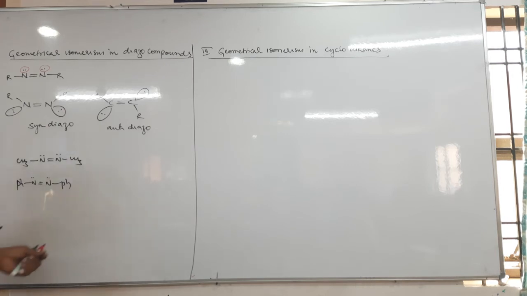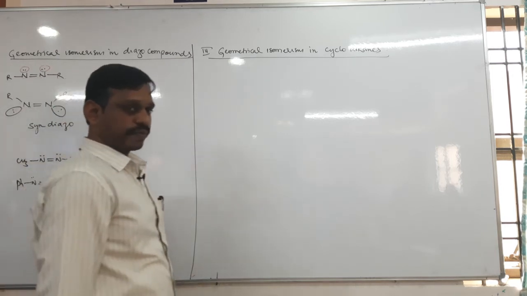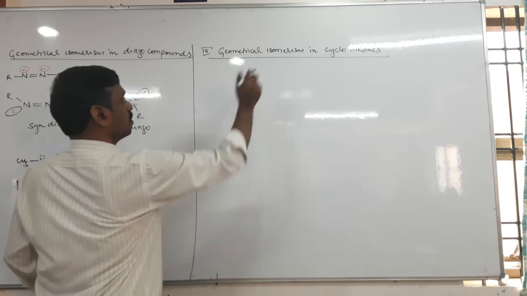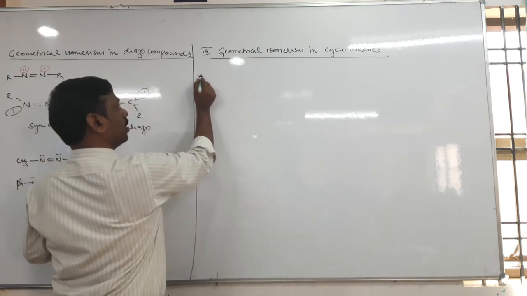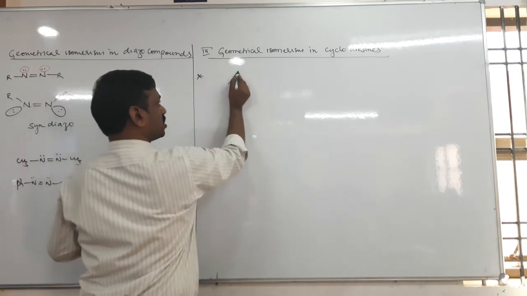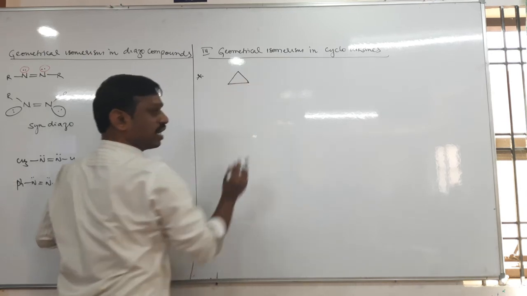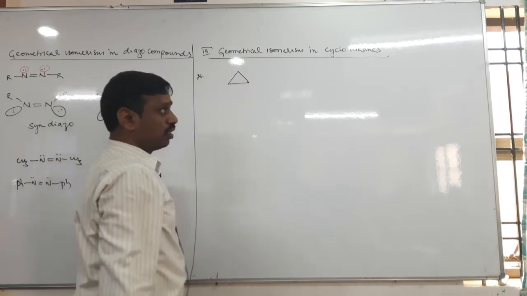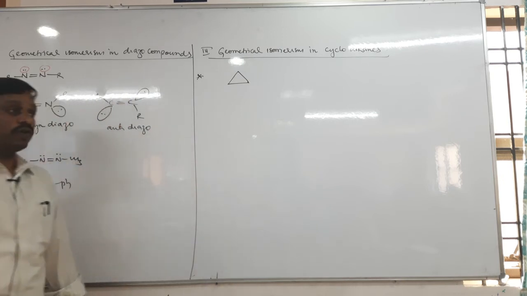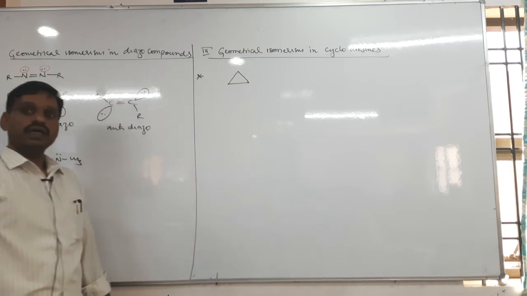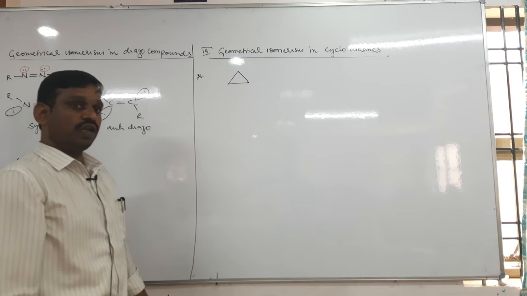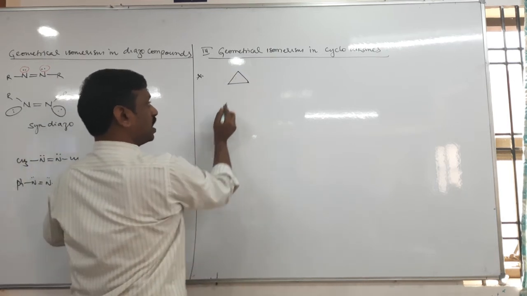Geometrical isomerism in cycloalkanes. Let us take, tell me, cycloalkanes can exhibit geometrical isomerism. Let us take cyclopropane. That is, which cycloalkanes? Disubstituted cycloalkanes. For example here, cyclopropane.